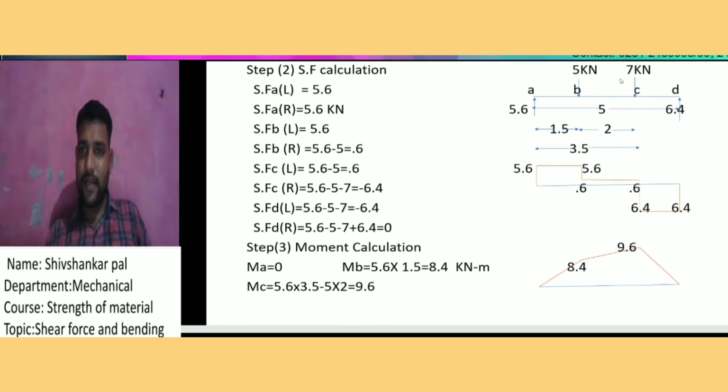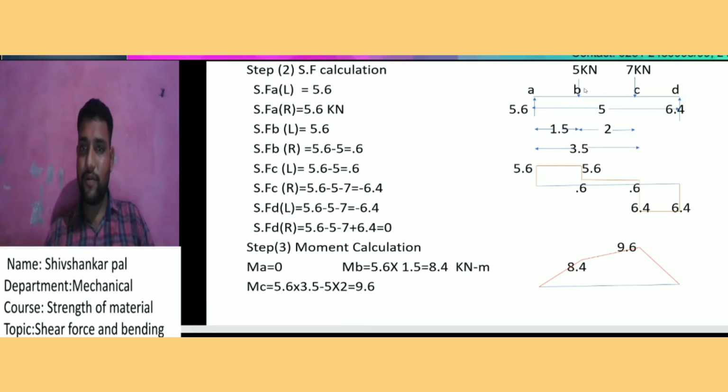The 5.6 kN load at point A tends to rotate clockwise, so the moment at point C is 5.6 into 3.5, with a positive sign, minus 5 into 2.